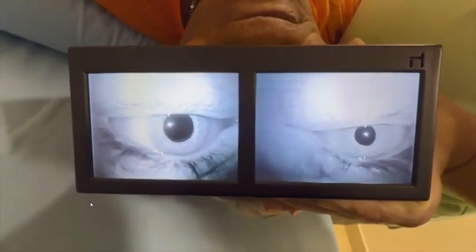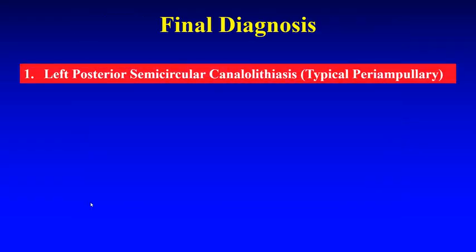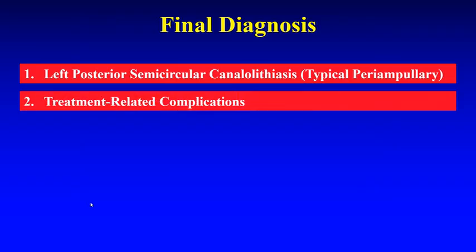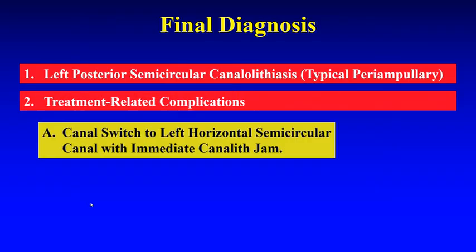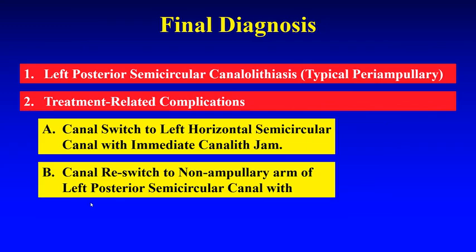Patient was asymptomatic, and she continues to be asymptomatic after 9 months. So the final diagnosis is left posterior semicircular canalolithiasis, the typical periampullary garden variety of posterior canal BPPV.